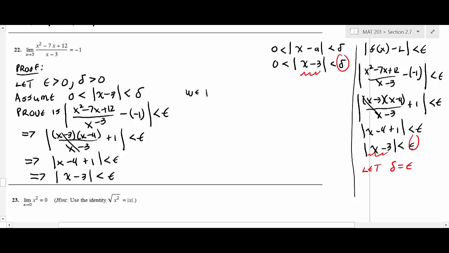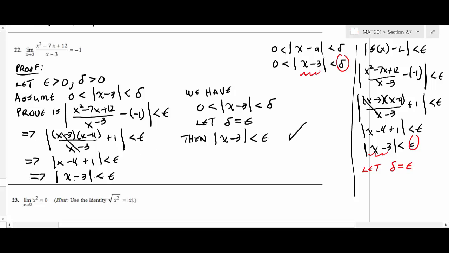Then you could say we have the assumption 0 less than the absolute value of x minus 3 is less than delta. And then we want to state that we're going to let delta be equal to epsilon. Then from this assumption, we would have the absolute value of x minus 3 is less than epsilon. Okay, and that would prove it. This is what we're trying to prove, and this is how we proved it right there. So that would be the proof of that.